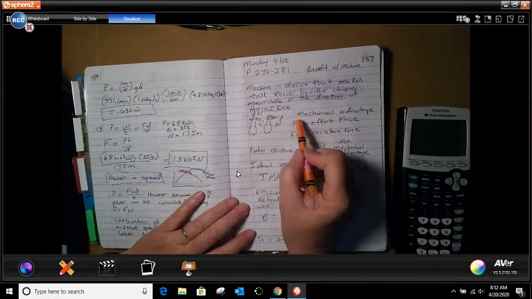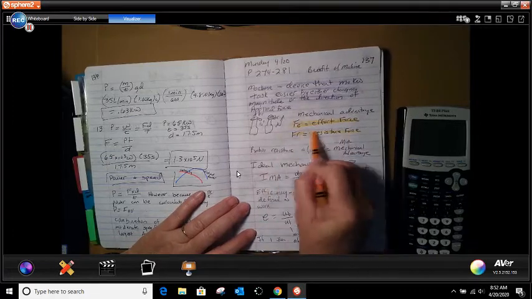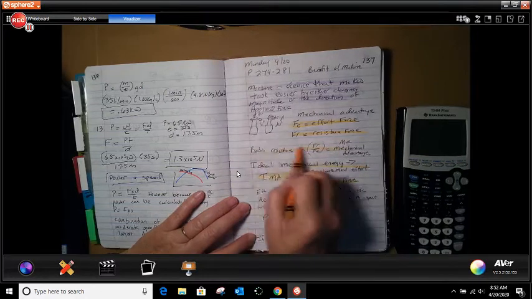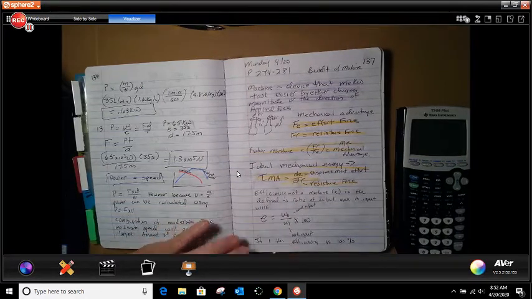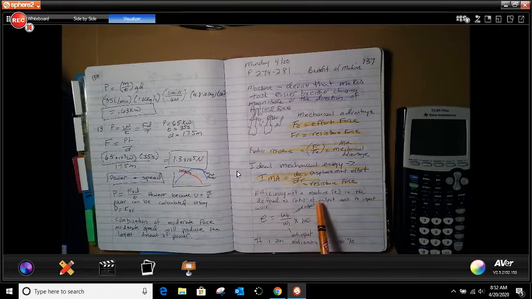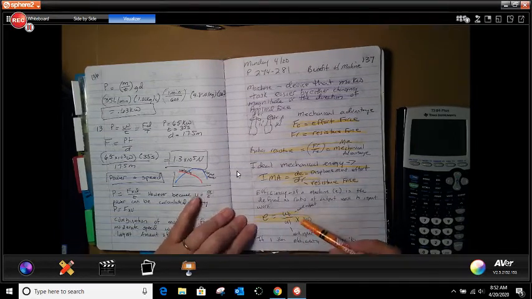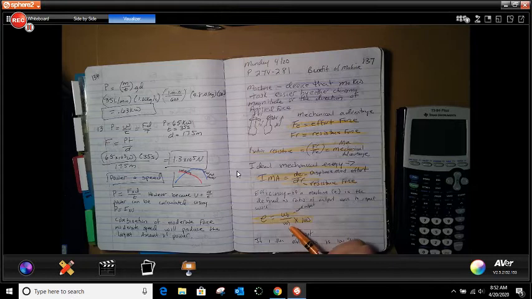These are variables, so I'm going to make my variables in this orange so they'll stand out for me so I can see it. Okay, efficiency of a machine is defined as the ratio of output work to input work. So there is another equation for efficiency, which equals work output over work input times 100.